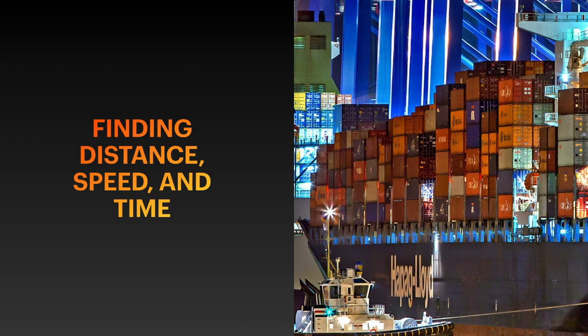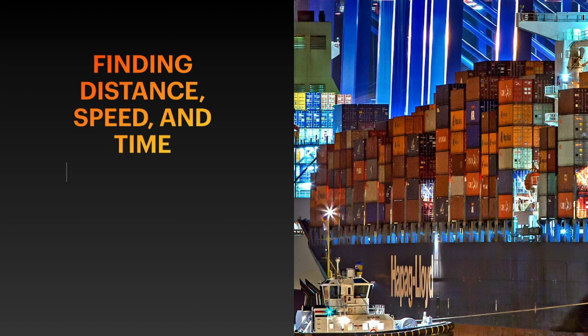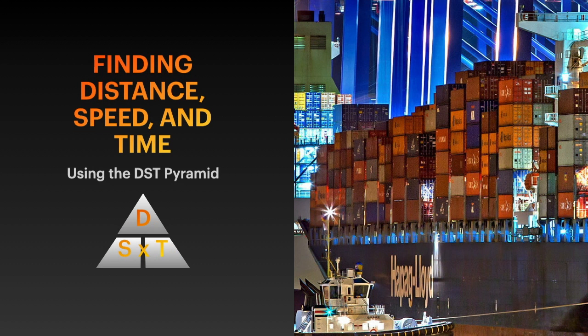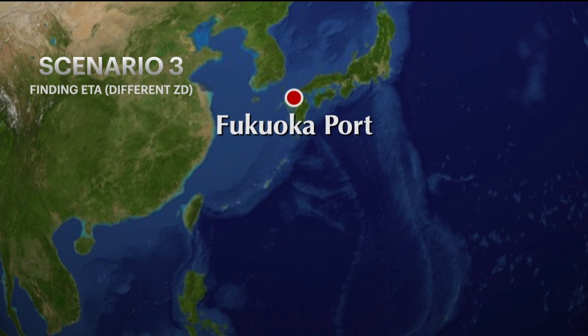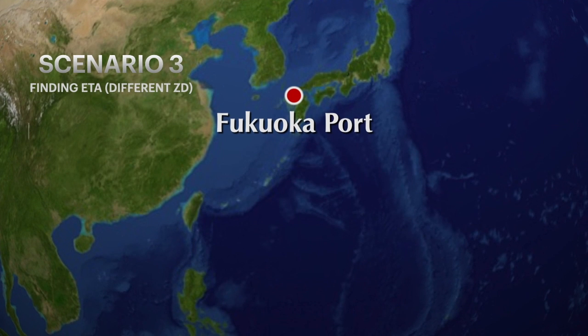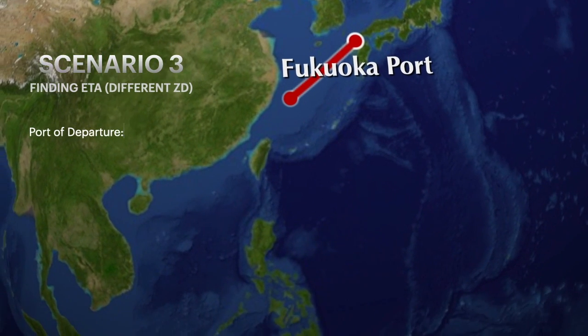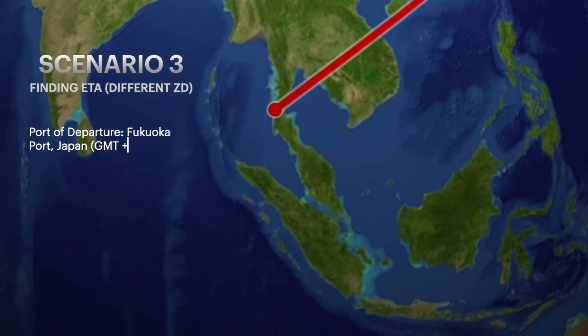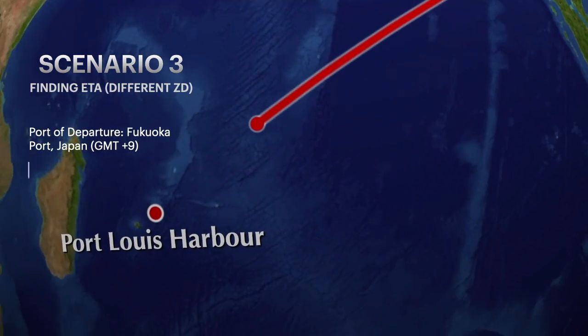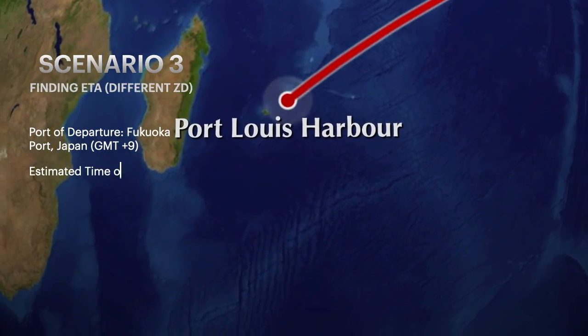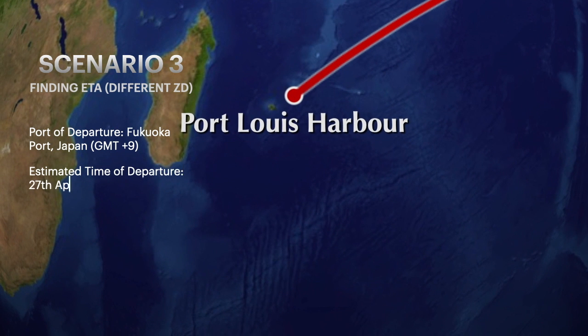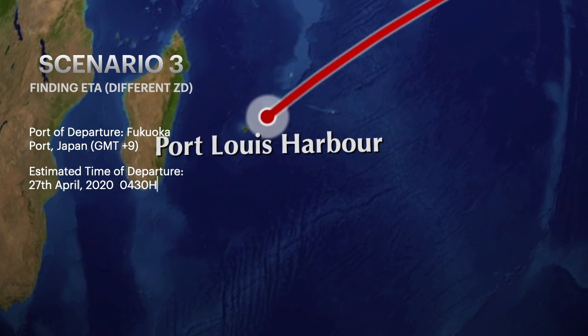And as a review again, ang gagamitin natin para makuha yung steaming time ay ang DST pyramid. So para sa third example natin ng finding estimated time of arrival with different zone descriptions, ang port of departure natin is Fukuoka Port, Japan, which has a GMT of +9, and an estimated time of departure natin ay April 27, 2020, 0430 hours.